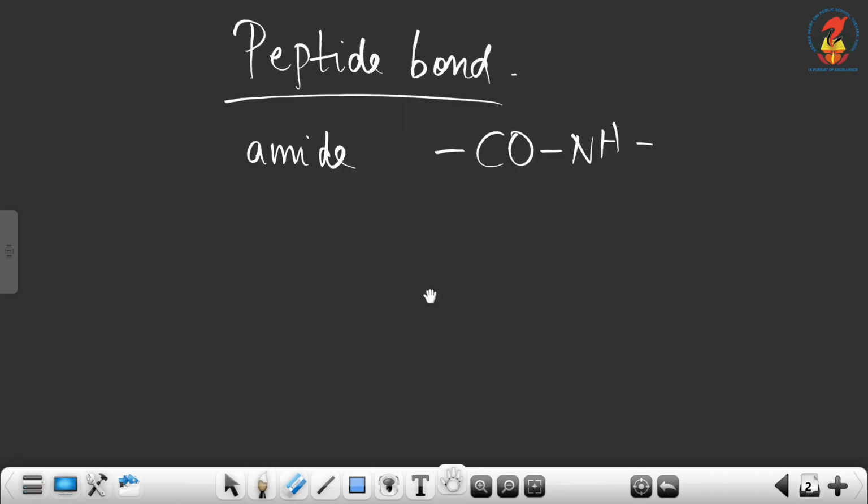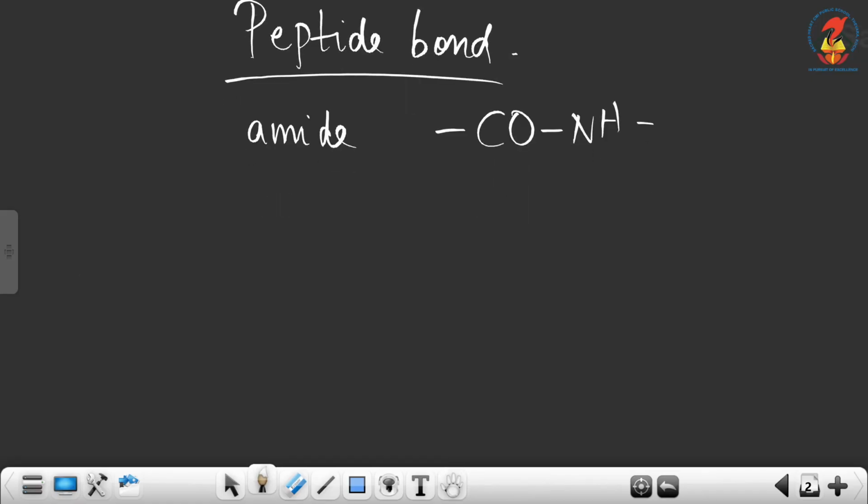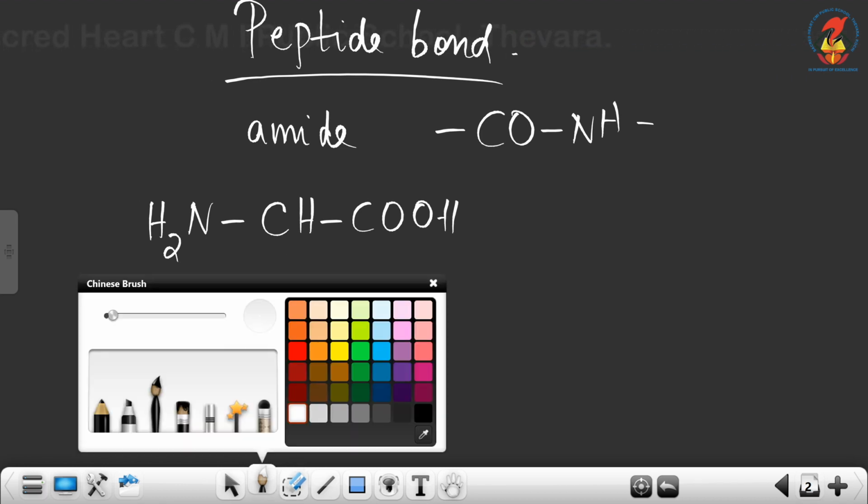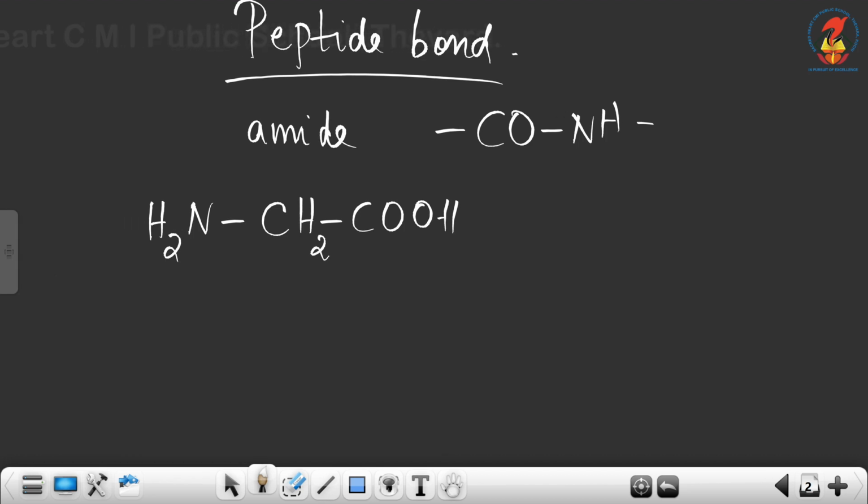Now, I am going to draw the structure of glycine. Glycine is NH2, CH, COOH, and we have R here, and you know the R in glycine is hydrogen. So, I am going to replace that as CH2.